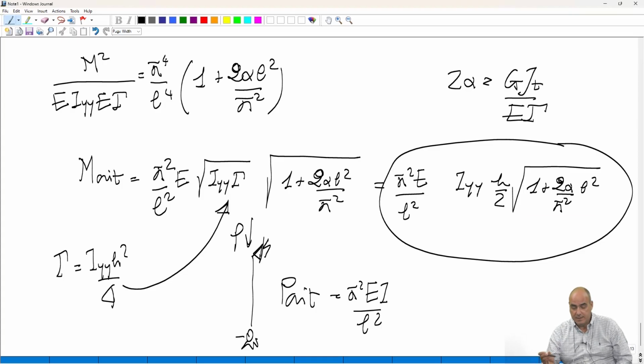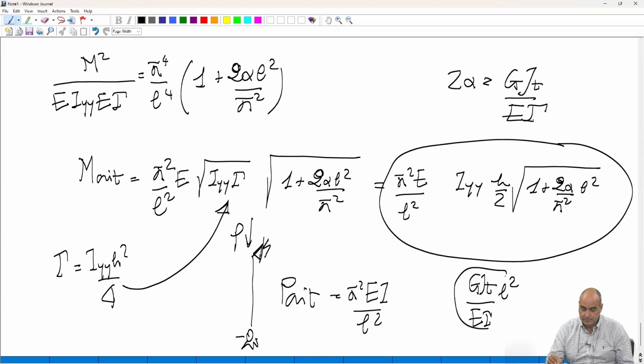What does these terms here? There is a term G J T over E gamma, times L square. 2 alpha L square is this, divided by pi. So it's 1 plus something.